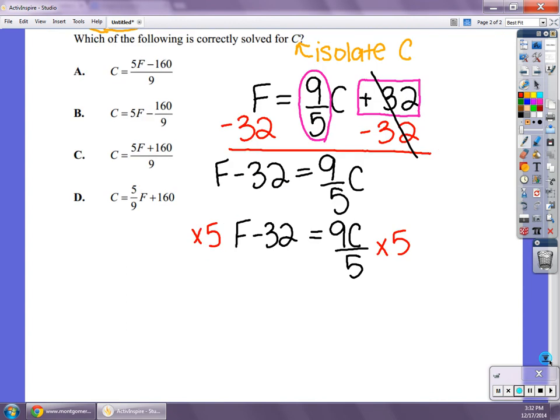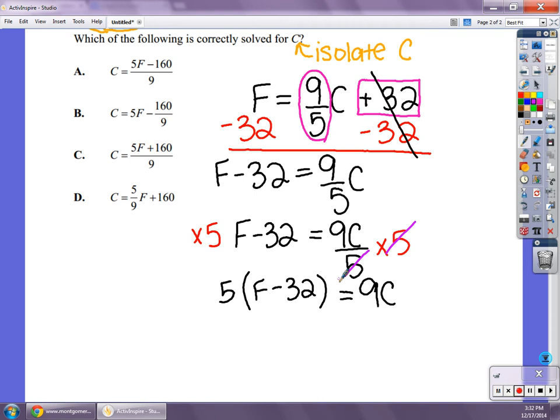So what I'm going to do is group that expression, F minus 32. So now what we see is we have 5 times the quantity of F and negative 32. Okay? On the right side, we're left with 9C. We have canceled out the 5.